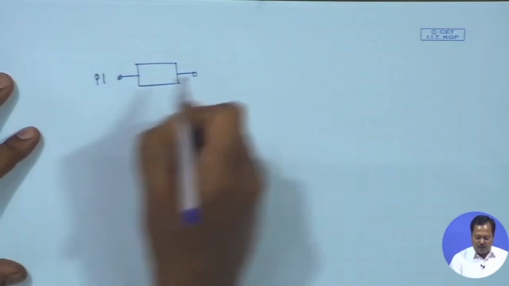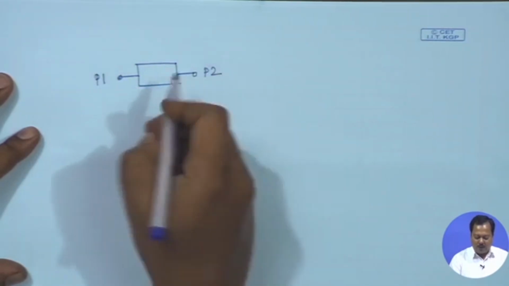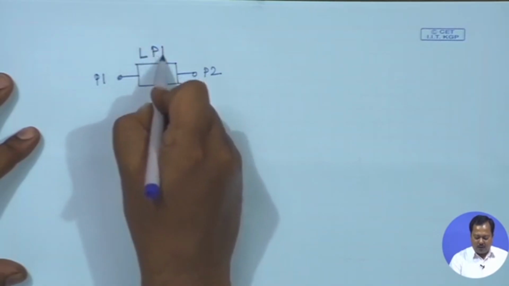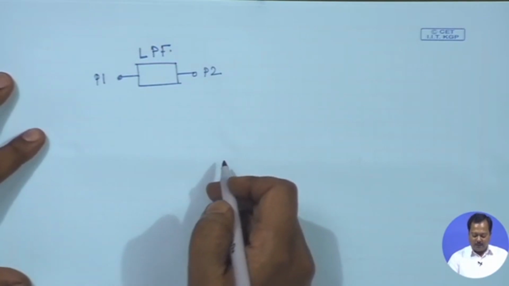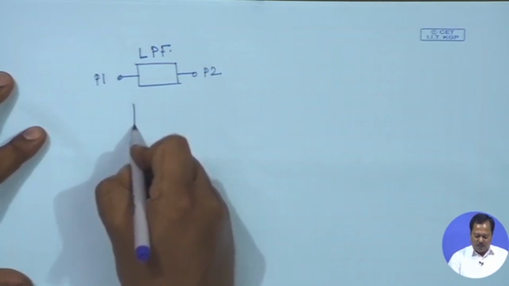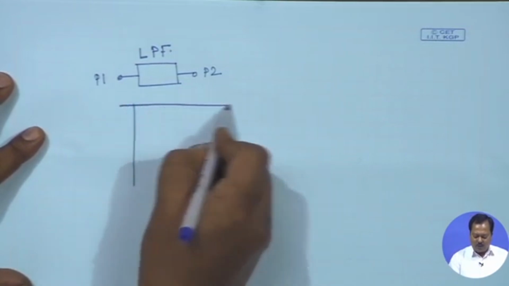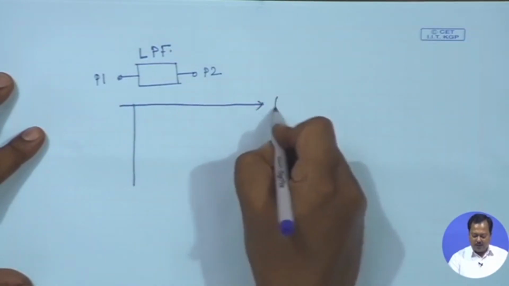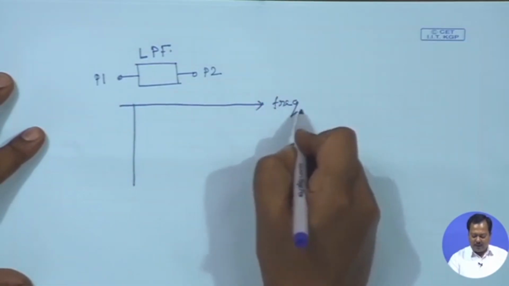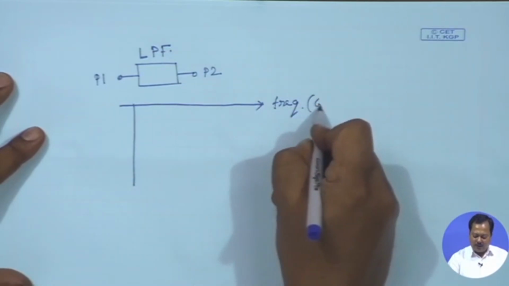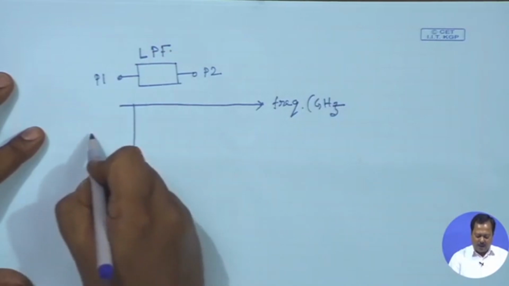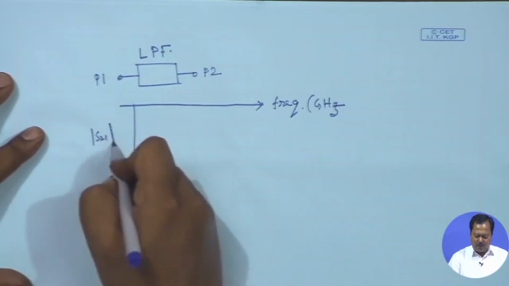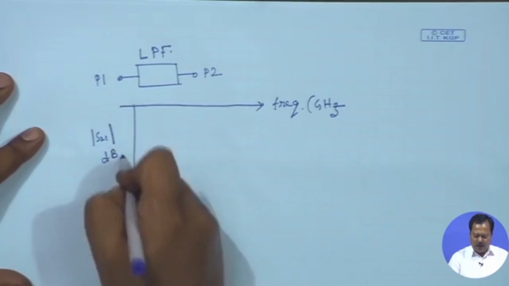This is port 1, this is port 2, and it is behaving as a low pass filter. Now, if I plot S21 versus frequency, along the x axis I am representing frequency in gigahertz, and along the y axis I am representing the magnitude of S21 in dB.